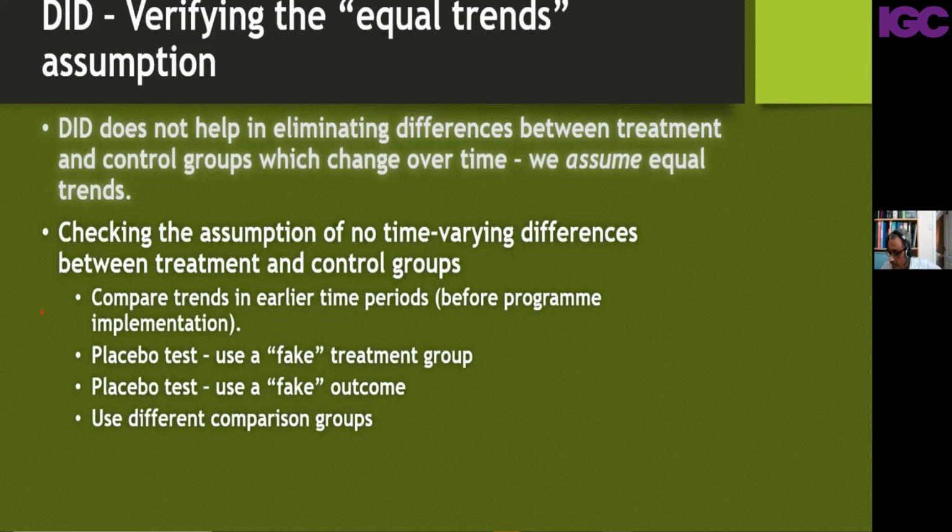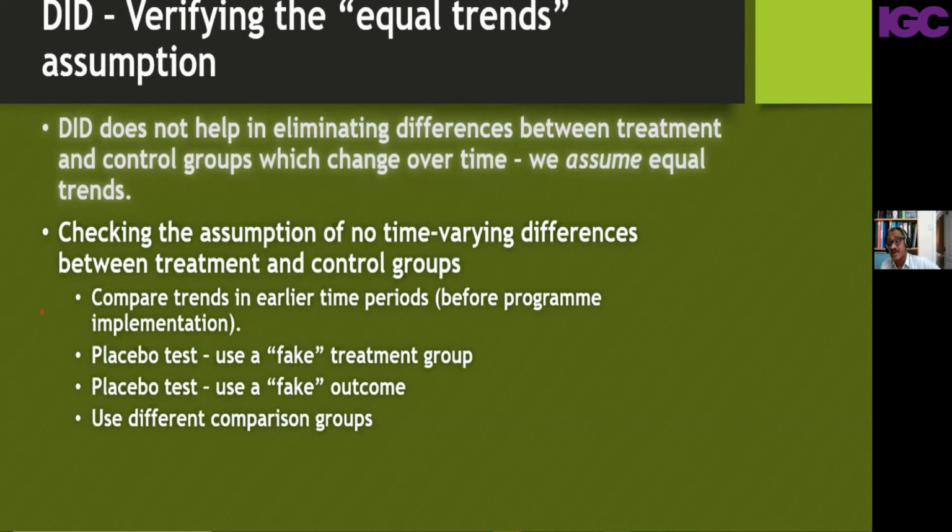Now, the nutrition program is unlikely to affect the mortality of children which may be due to accidents or other circumstances not related to nutrition. So here, you can use a fake outcome. If you use, instead of child mortality, child mortality due to accidents, then as a result of the program, you should not really find any difference between the two groups.